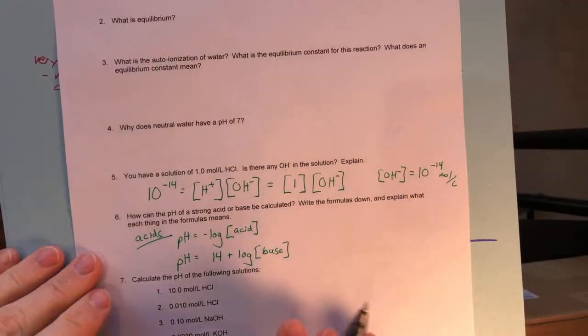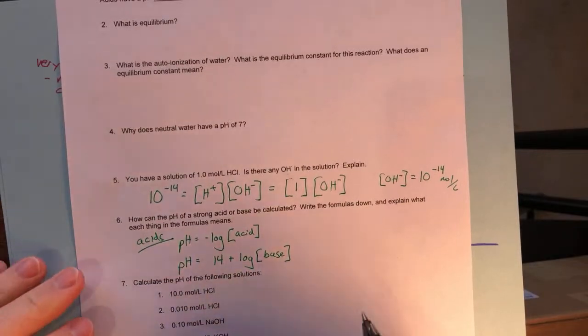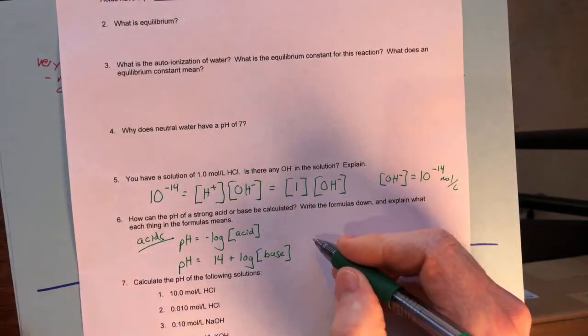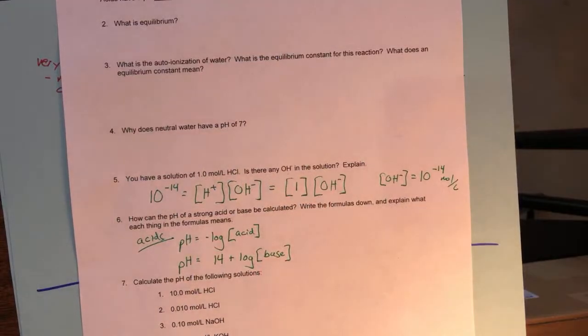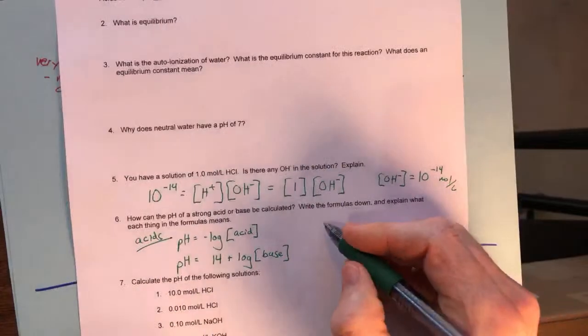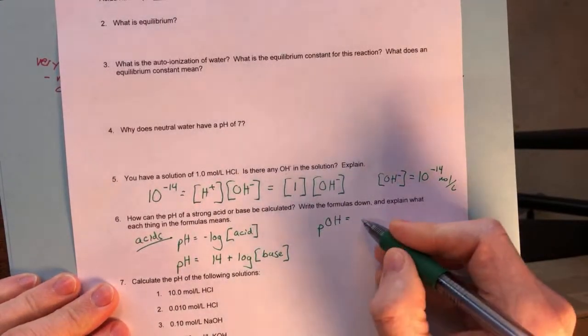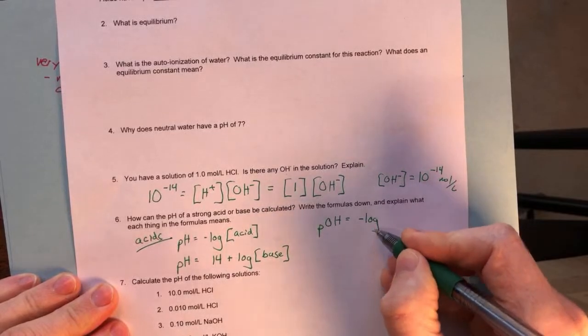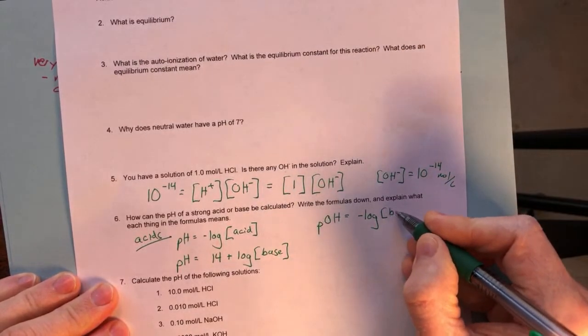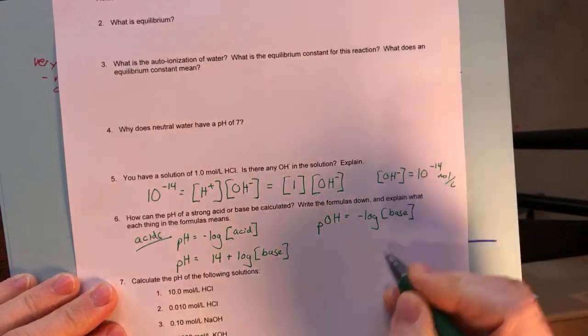And let me also say, I think your homework asks you to calculate the pOH. I'm not sure. Does it? Let me just check, because if it doesn't, then I'm not going to worry about it. Yeah, the pOH is going to be the negative log of your base concentration.